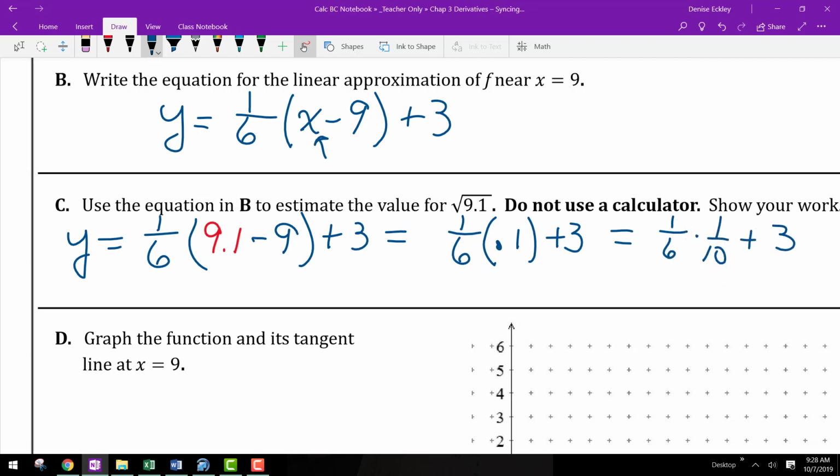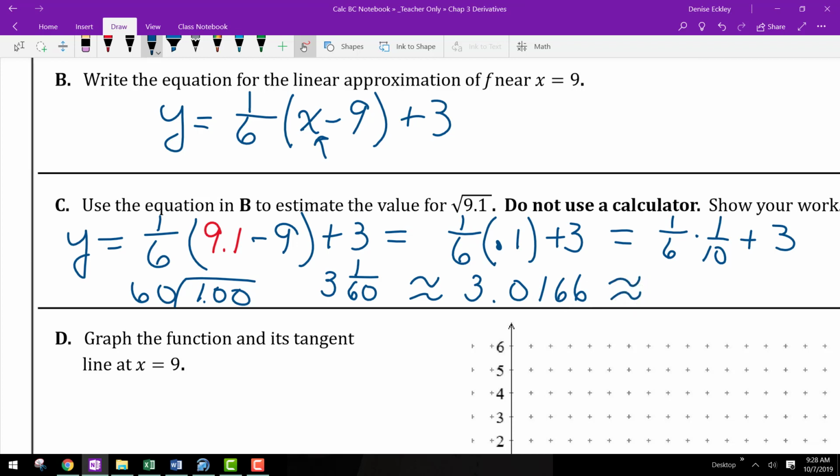So when I add this together, I get 3 and 1/60. So you can take 100, divide that by 60, and you're going to get 3.0166. So we're saying this is approximately equal to f of 9.1. So that's a lot easier than trying to find the square root of 9.1.